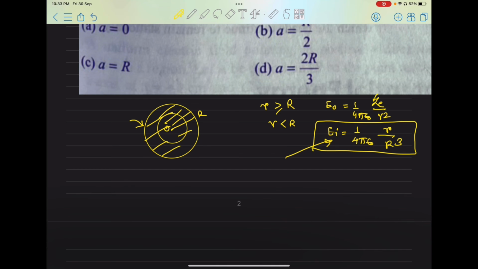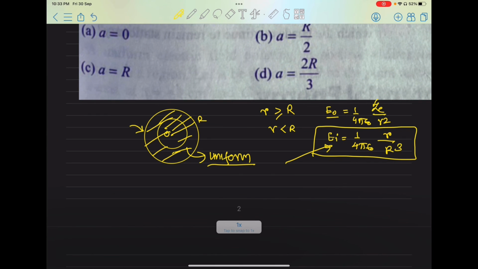That is, if the charge distribution is uniform, then the electric field outside the sphere is inversely proportional to r square, and the electric field inside the sphere is directly proportional to r.